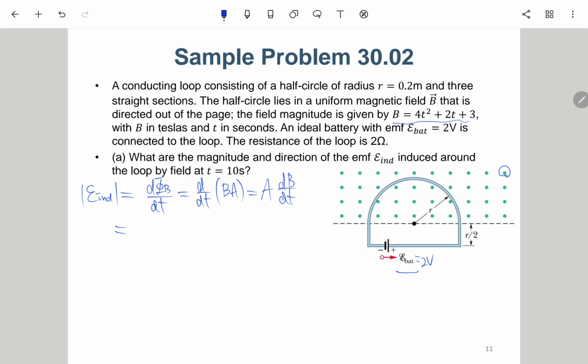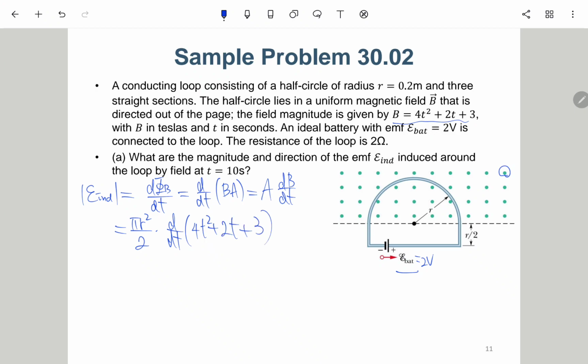Here A is a semicircle, so it is pi r squared over 2. And then we have d dt, and we put in the expression of B here, which is 4t squared plus 2t plus 3.